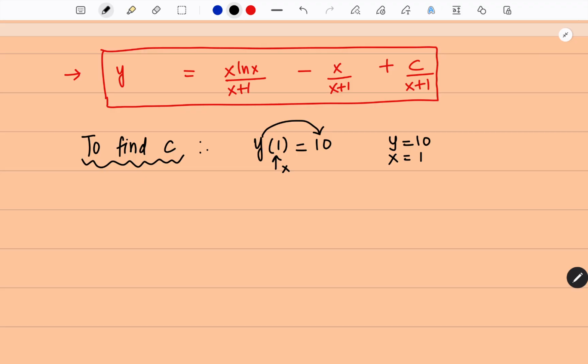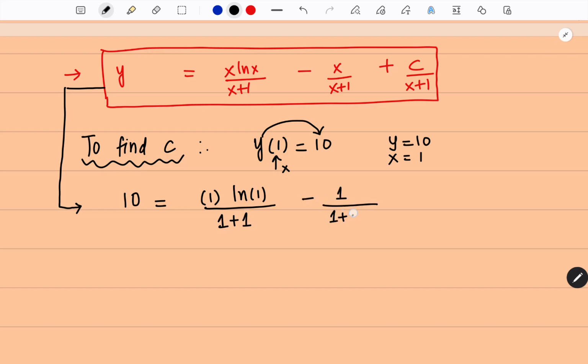Let's start now. In this equation, I'm going to put the values. So y equals 10, which is equal to 1 times ln 1 divided by 1 plus 1, minus 1 divided by 1 plus 1, plus c divided by 1 plus 1.